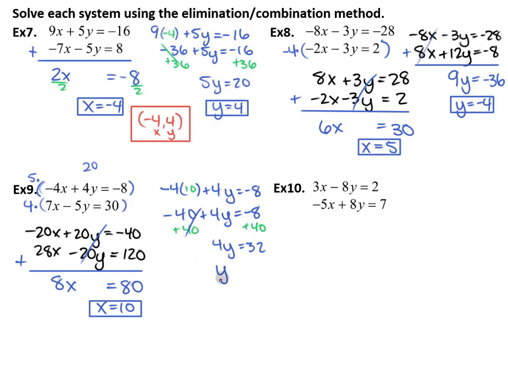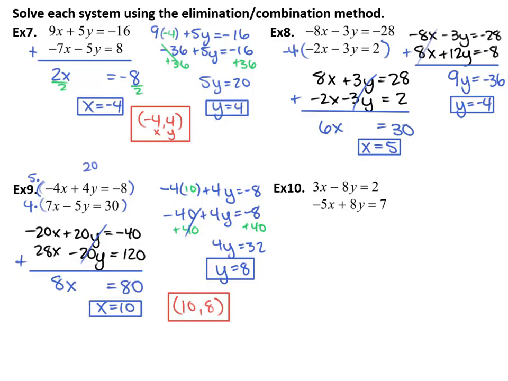And then dividing by 4, we get y is equal to 8. Okay, so we found our solution to this system is 10, 8, both positive numbers. So the solution to our system is 10, 8.